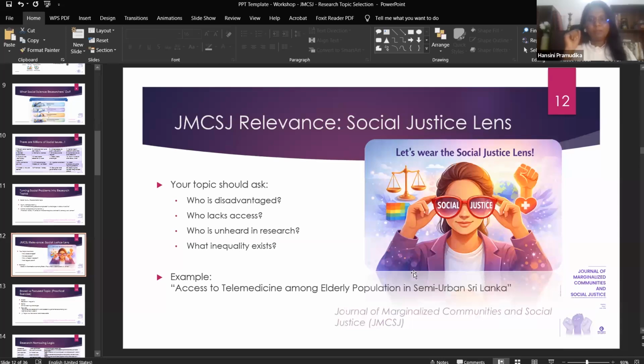So when you wear this social justice lens, you can identify who is disadvantaged in your society. Who lacks access? Who is unheard in research? Maybe in your country or your district, there are so many people suffering from different kinds of issues, but never researched. So you can be the pioneer, and you can raise your voice regarding that using the scientific method.